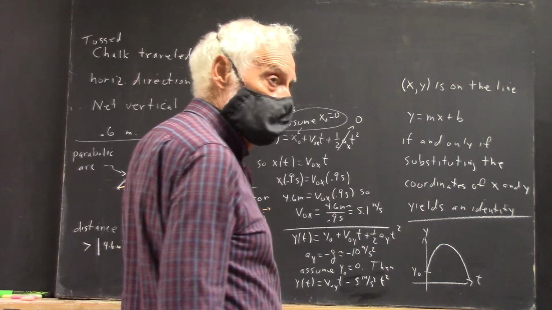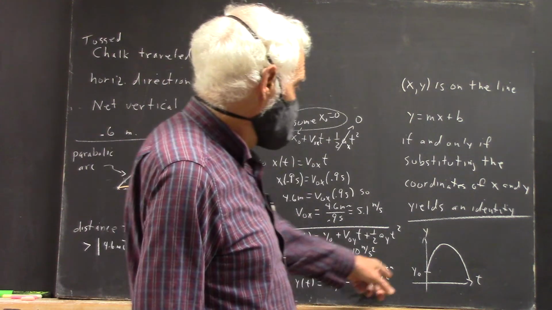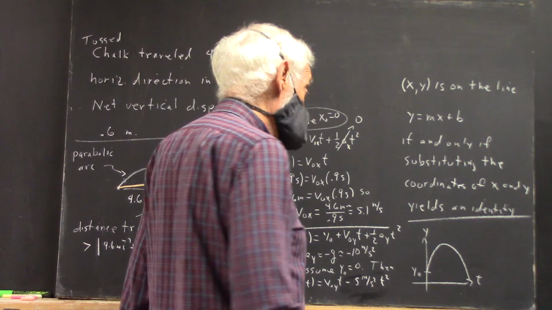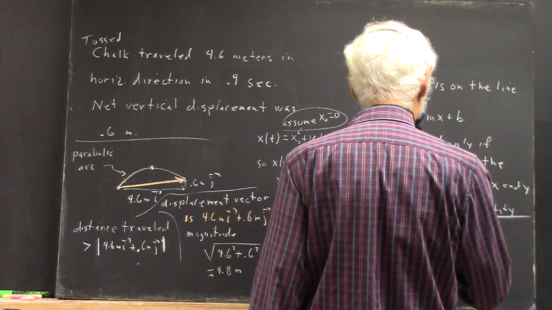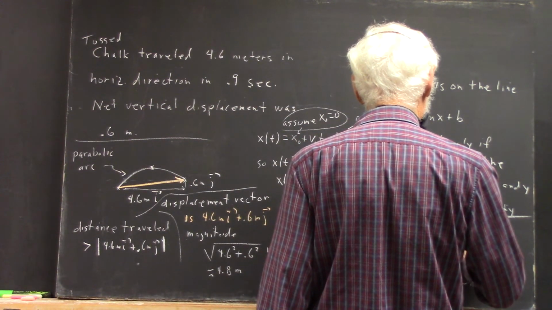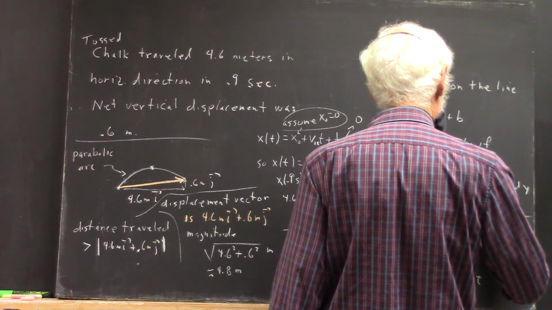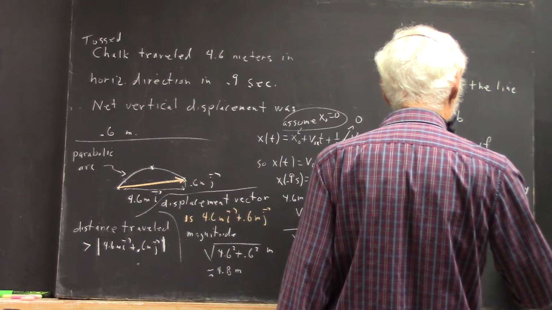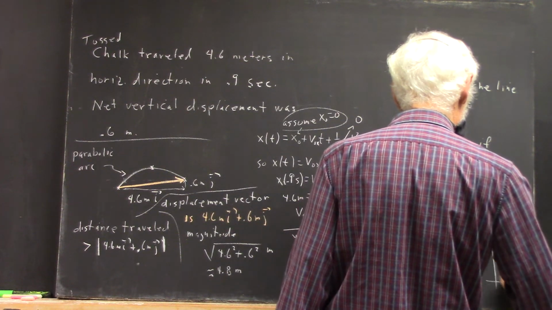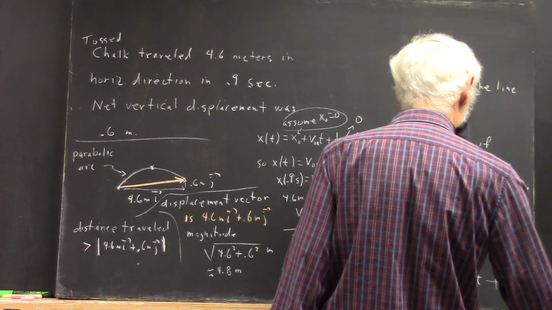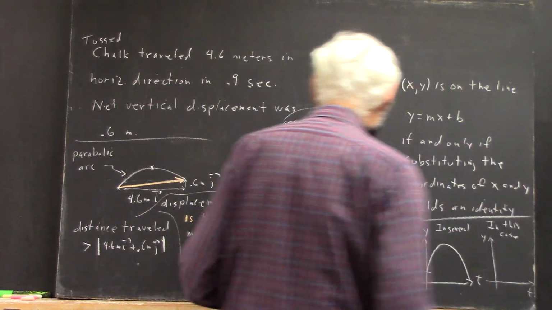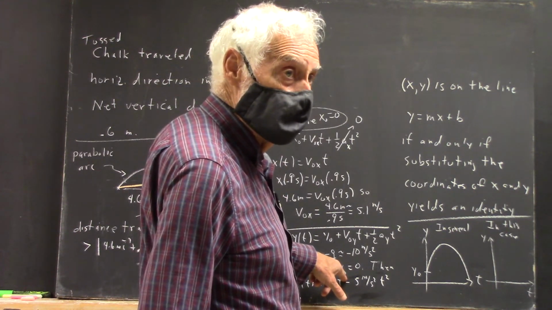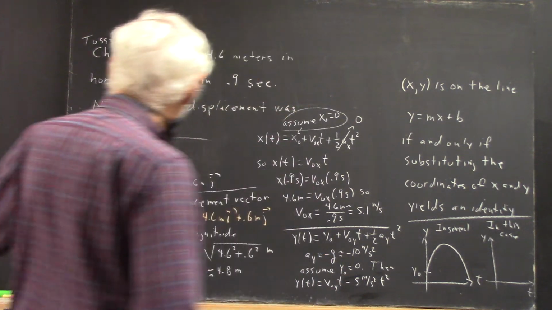But this is y naught. Now that's in general. In this specific case, we assign y naught to be 0. We assign the origin of our coordinate system to be this point.